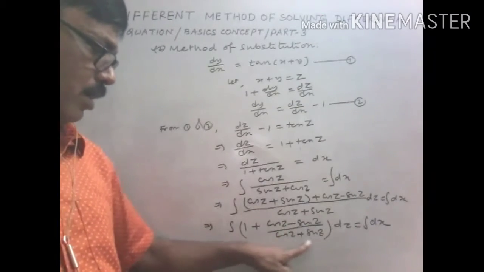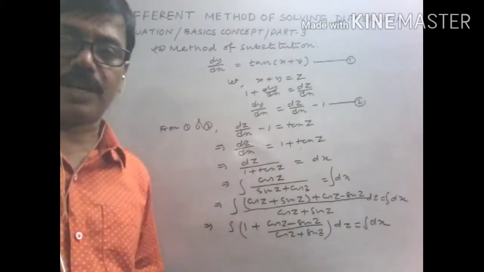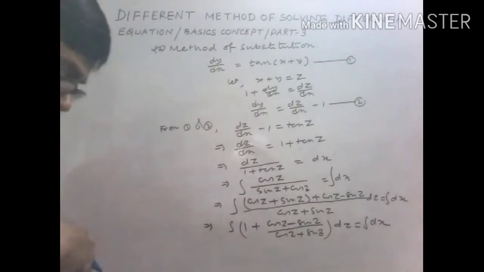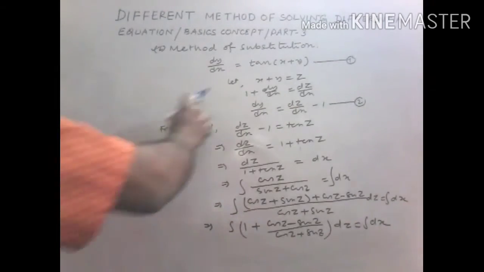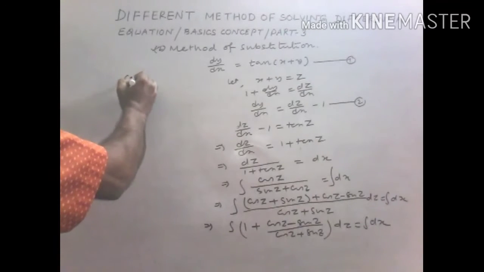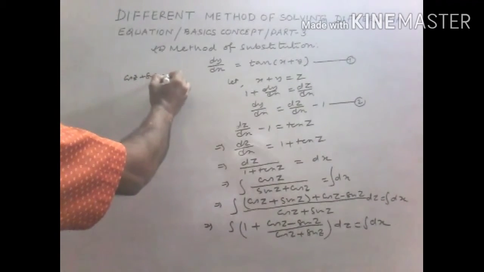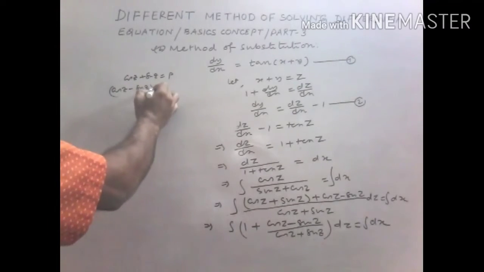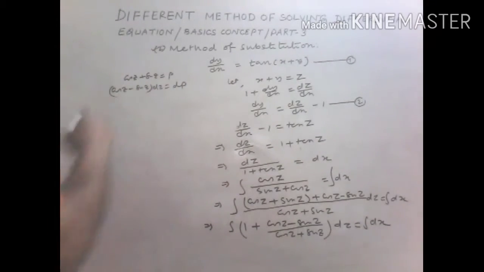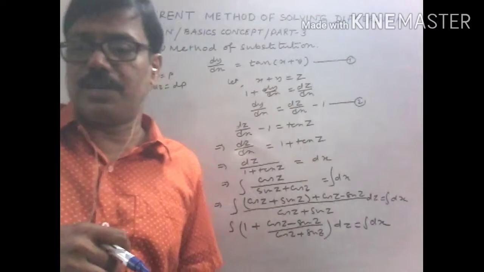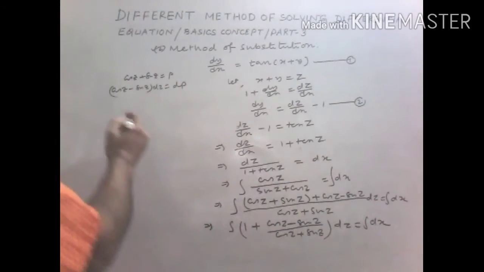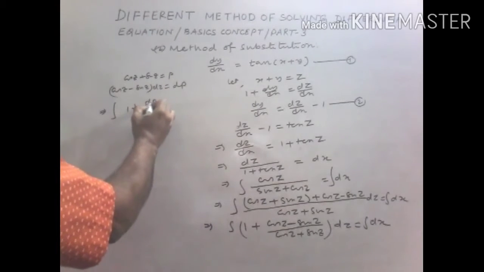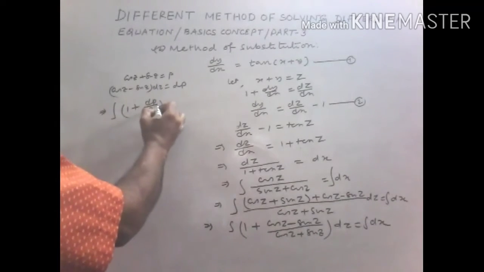So the derivative of the denominator is the numerator. So it will be log p, where p is cos z plus sin z, and cos z minus sin z into dz equals dp.